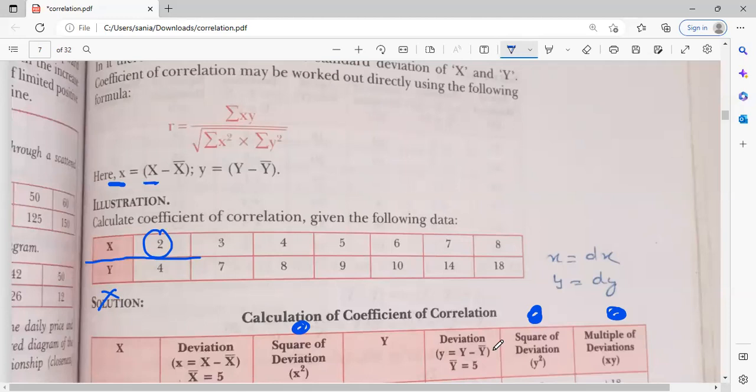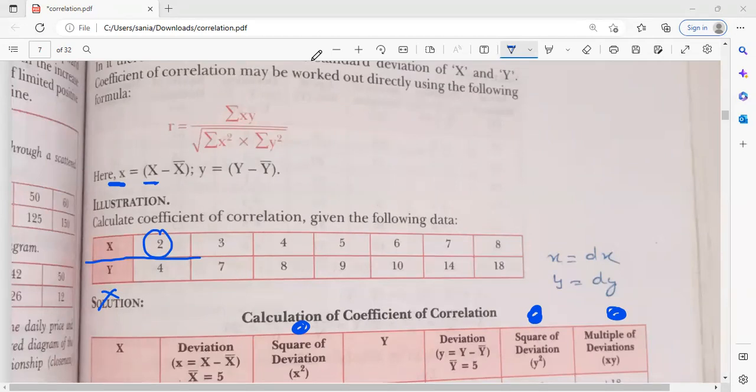Y bar is 10, right? Mean? Yes, ma'am. Y bar, mean of Y. Okay, you got the value.